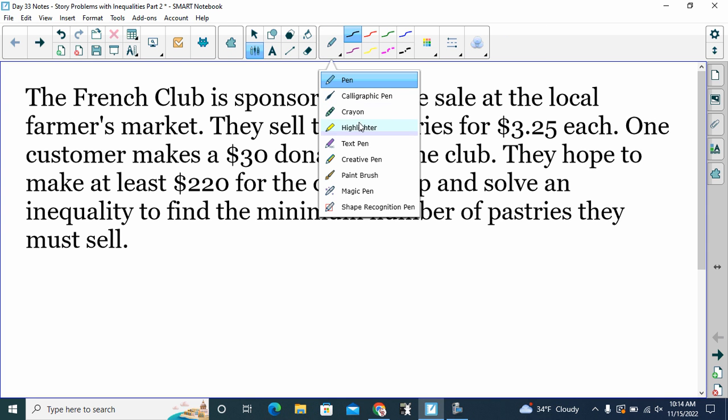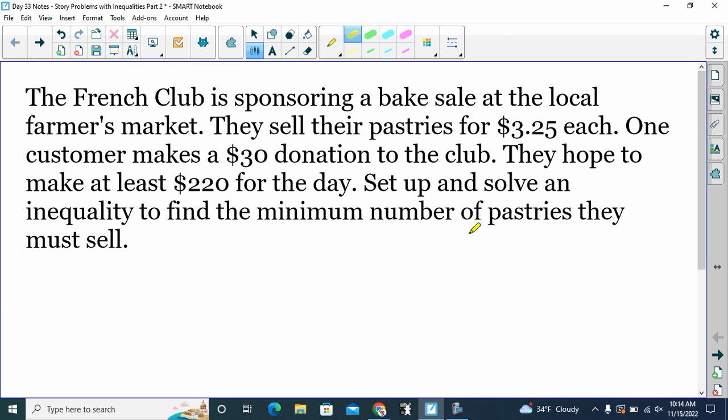It says a French club is sponsoring a bake sale at the local farmers market. They sell their pastries for $3.25 each. They also receive a $30 donation, and they hope to make at least $220.